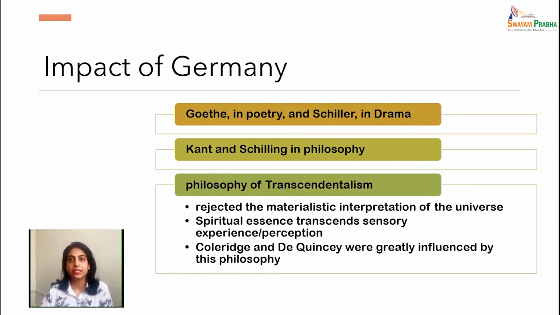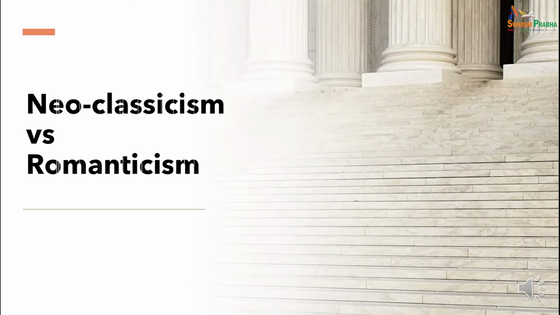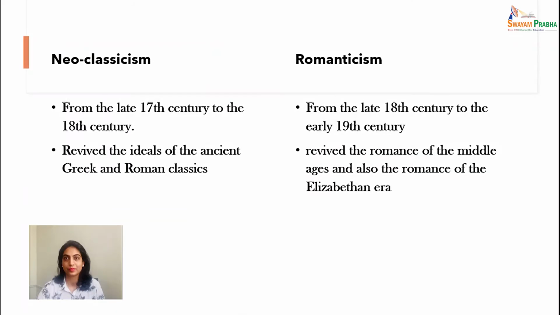Now, let us understand how Romanticism was different from the era that preceded it. The Neoclassical Age, also known as the Age of Enlightenment, existed between the late 17th century and 18th century.